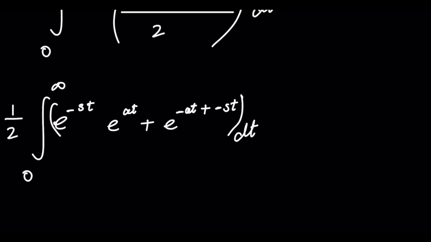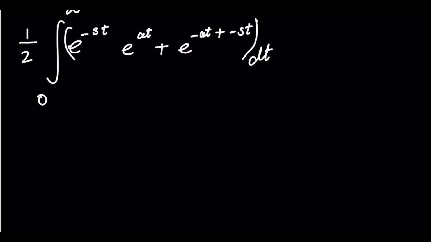Now you'll see that this breaks down into two separate Laplace transforms. One is going to be for e power positive at, and the other is going to be for e power negative at. So we are going to rewrite this as this.